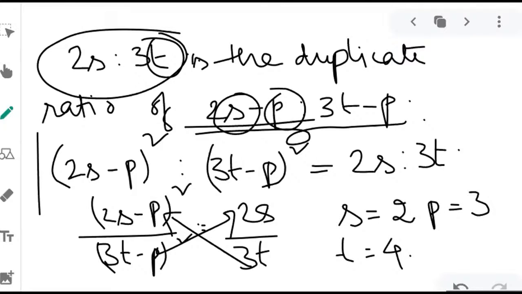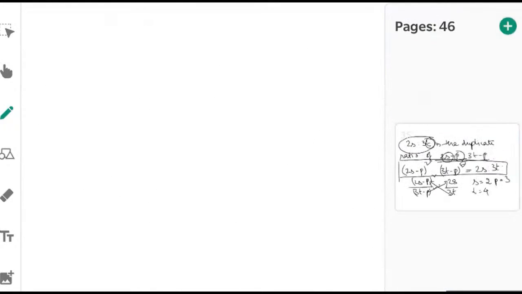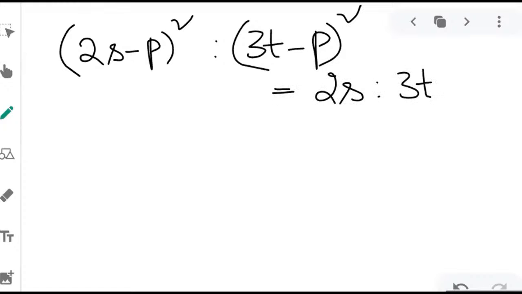Now first of all write this equation: 2s minus p whole square is to 3t minus p whole square is equal to 2s is to 3t.